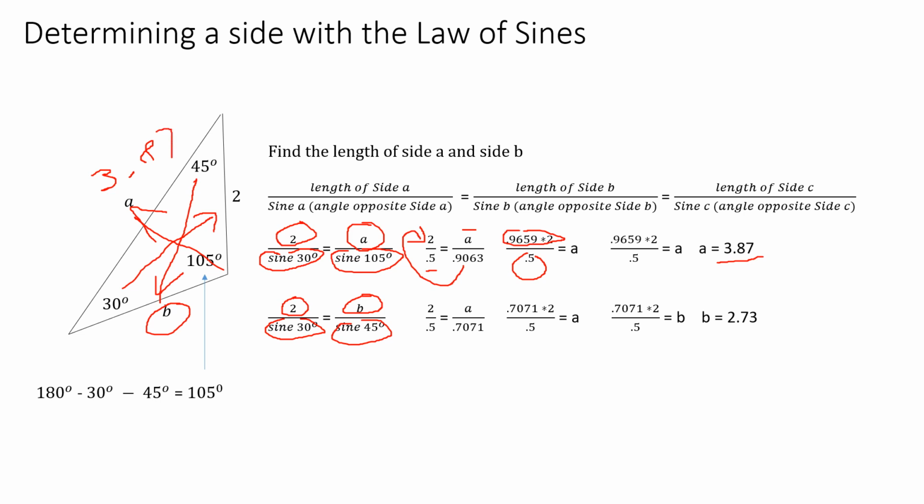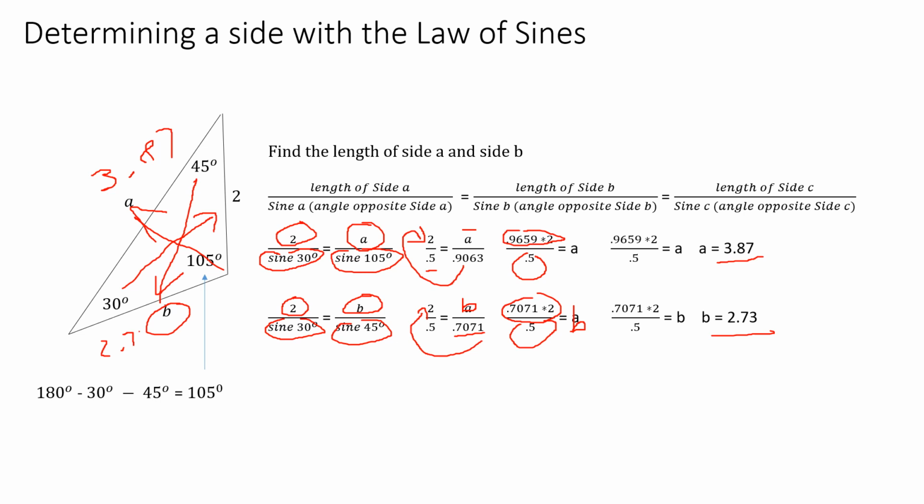And we can do the same thing with side B. I got 2 over sine 30 degrees equals B over sine of 45 degrees, the opposite of B. Sine of 45 degrees is 0.7071. So again, I do the proportion: 0.7071 times 2 divided by 0.5 will equal my B. And that ends up being 2.73.